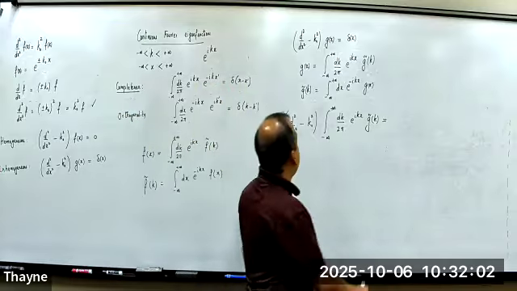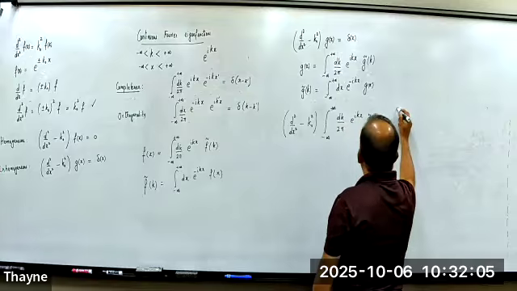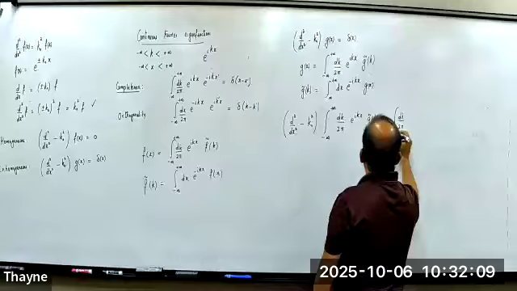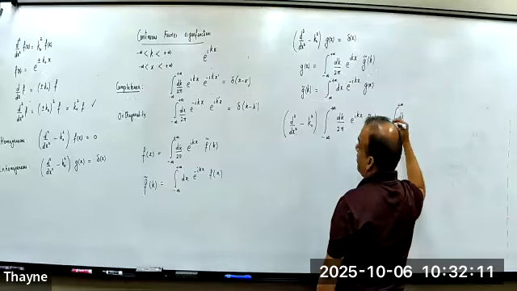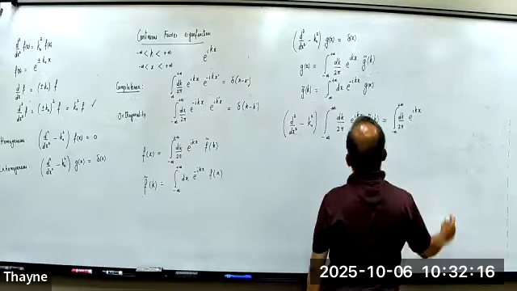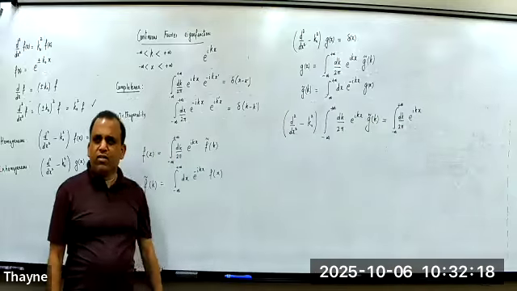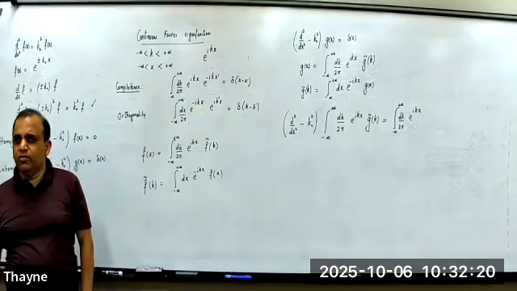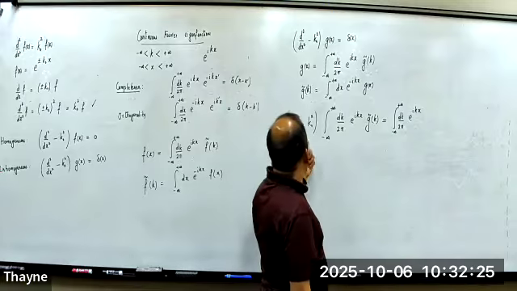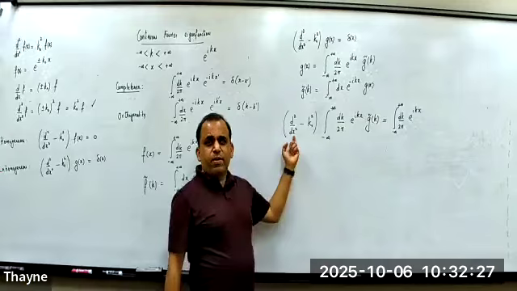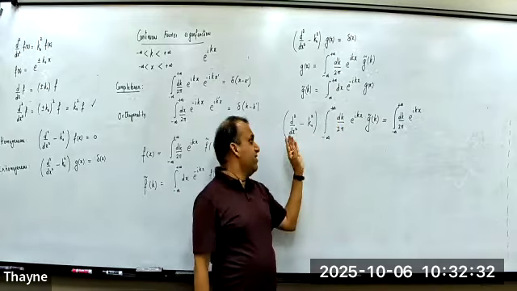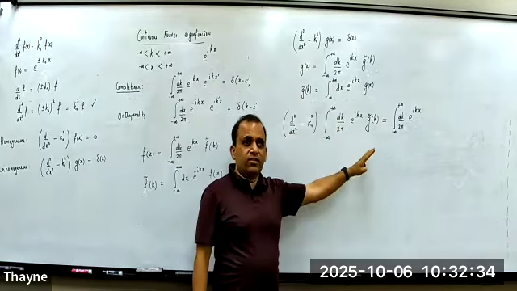So this is equal to the integral again of dk over 2 pi, minus infinity to plus infinity, e raised to i k x. Is that clear? These are x dependent differentiations. This is an integral in k. This can enter the integral.